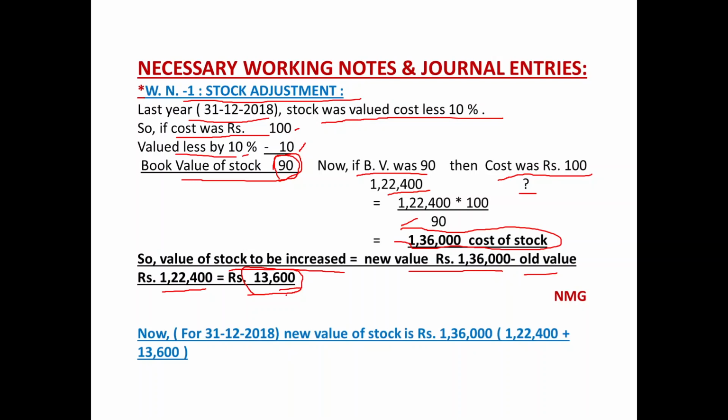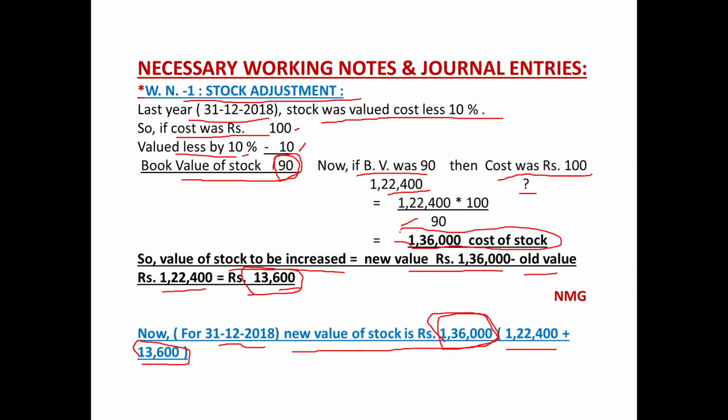So for 31st December 2018, new value of stock would be 1,36,000. Old value 1,22,400, plus we have to increase it by 13,600 as per our calculation. That gives the new value of the stock for 31st December 2018, 1,36,000.